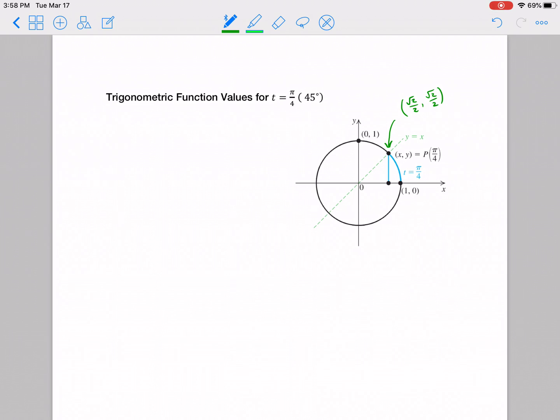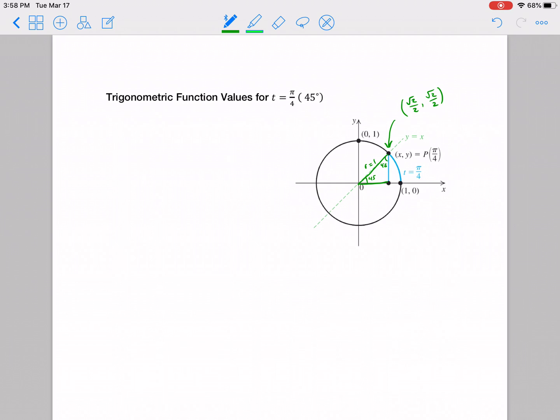Okay? If you want to see more details on this, I'll probably draw it out for you and show you the triangle in the notes, but ultimately you have a 45, 45, 90 triangle there, and it just works out that when r equals 1, those are the lengths of the two sides: square root of 2 over 2 and square root of 2 over 2.